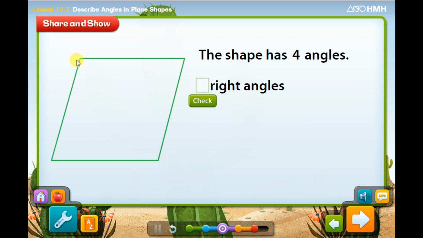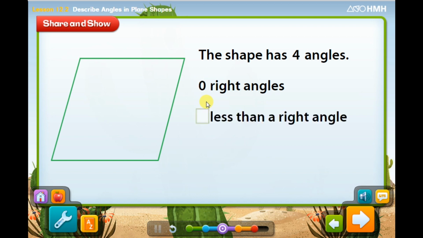It's a narrow angle. If this one is like the square, no, it's a wide open one. If this one is like a square, no, it's nearly closed, a narrow one. So nothing here looks like a square angle. It's 0. Yes, the shape has 0 right angles.